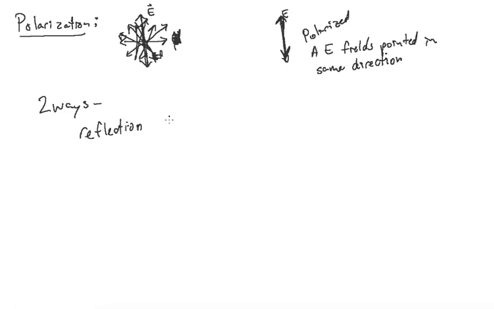When non-polarized light reflects off a surface, so let's say we had some surface sitting here like the ground or water or something that's sitting horizontal, and we have this non-polarized light headed in like this. What this light's going to do is come in like this, and then bounce off.